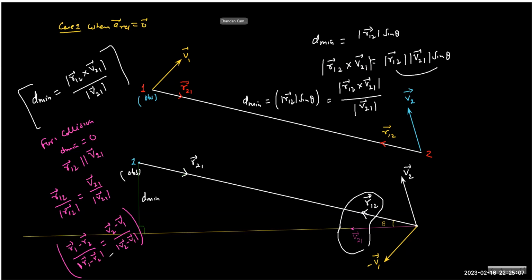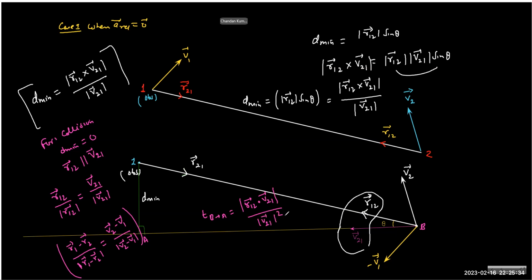Yes, very good. So if I say this is B, this is A, then the time taken to go from B to A equals R12 dot V21 over V21 squared. I'll take the mod because time cannot be negative, so I have to be careful.